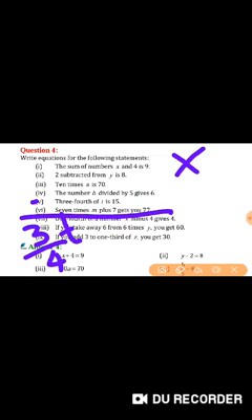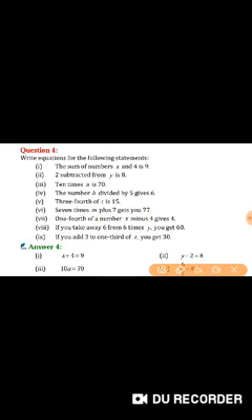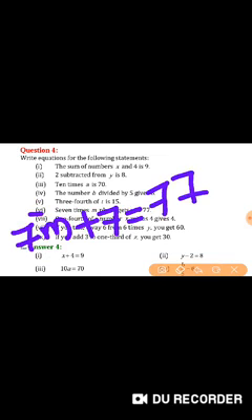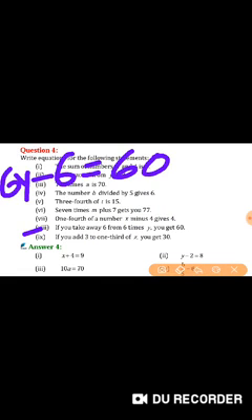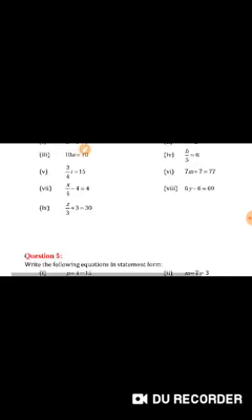Then next, 7 times m plus 7 gets you 77. So this is how words convert to mathematical terms. You can check the numbers. Here one more, the 8th one. If you take away 6 from 6 times of y, you get 60, like that. So these are the answers.